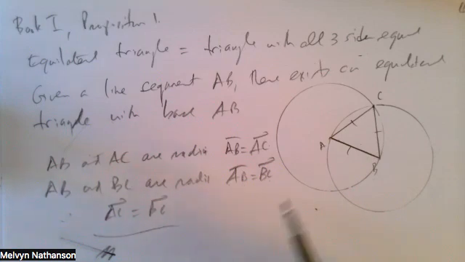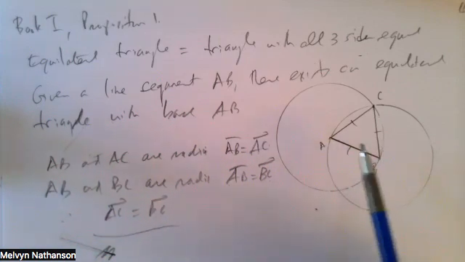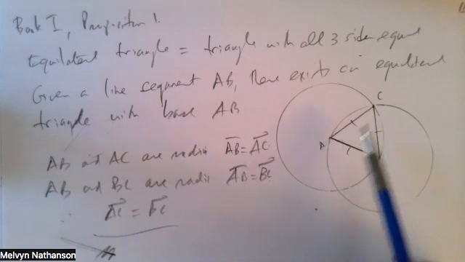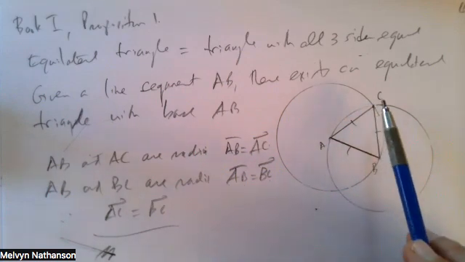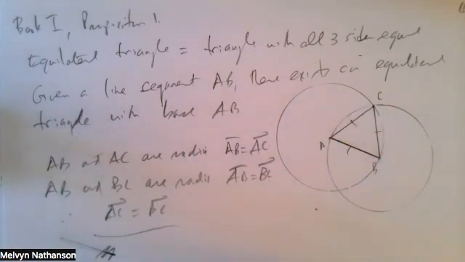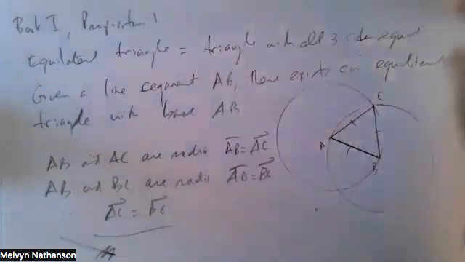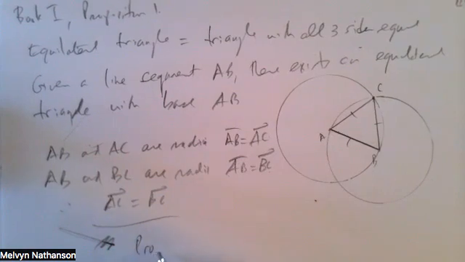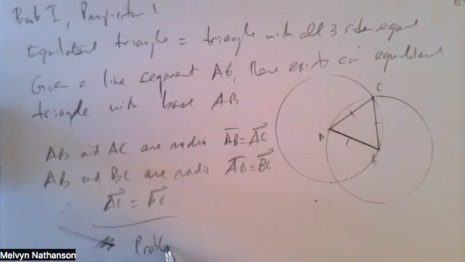So again, you have a line segment AB, draw the circle with A as the center and AB as the radius. Draw a second circle with B as the center and AB as the radius. Choose a point C where the circles intersect. ABC is then an equilateral triangle. It's a beautiful construction, but let me ask the following problem to think about.